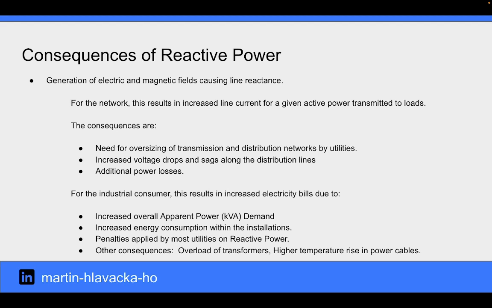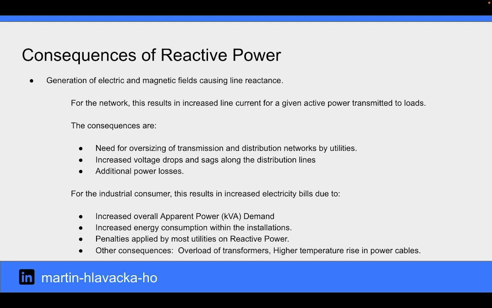For the grid, this results in an increase in line current for a given active power transmitted to the loads. The consequences are the need to oversize transmission and distribution networks by utilities, increased voltage drops along distribution lines, and additional power losses.